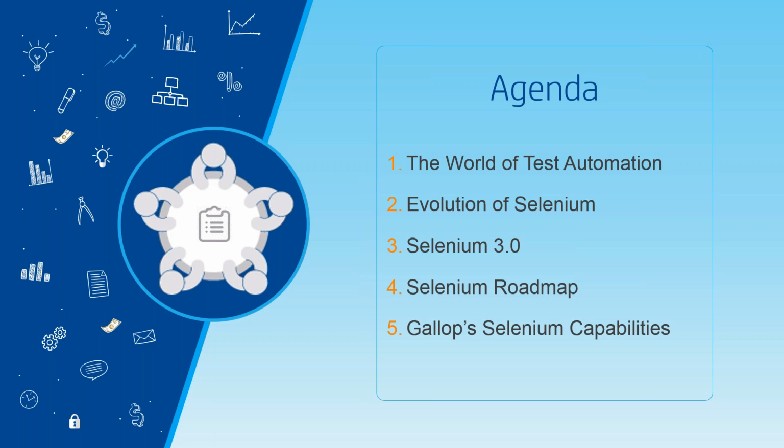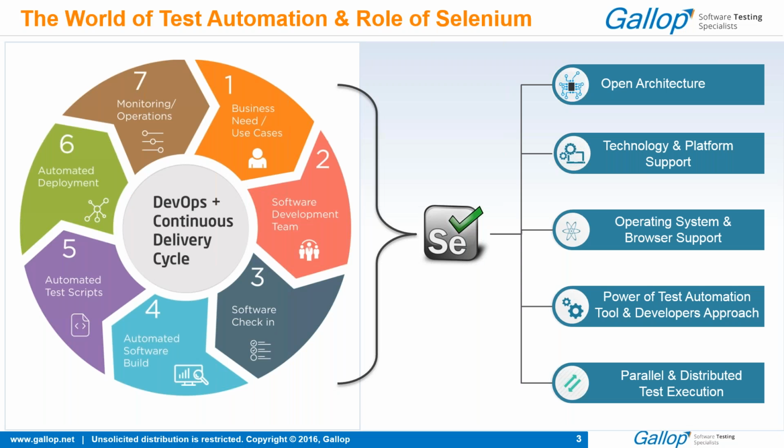And we would also like to show a demo of our internal framework, which is upgraded to 3.0. And then we would also like to showcase a demo of Jenkins at the end of this session.